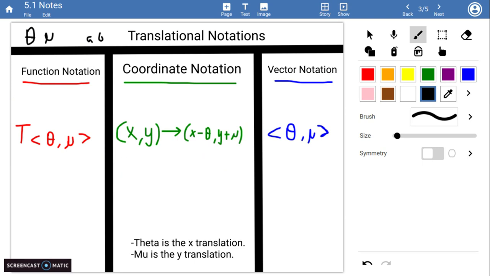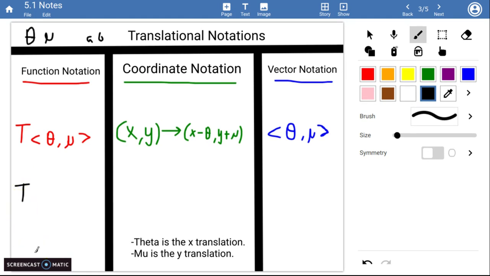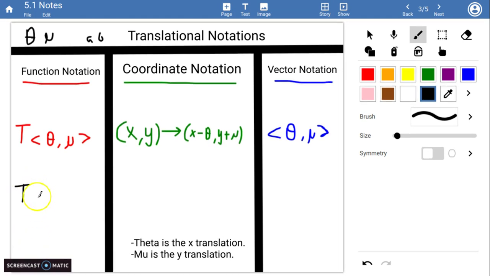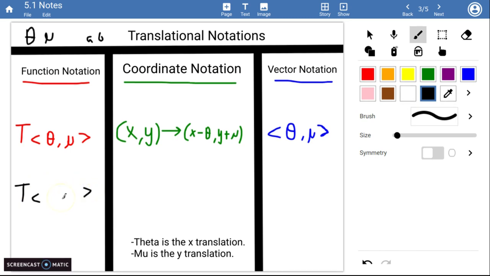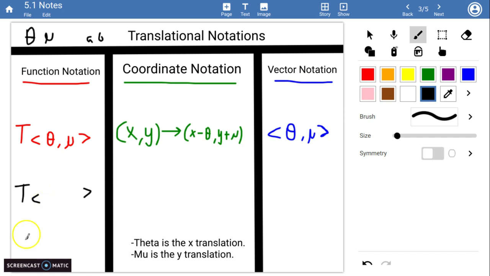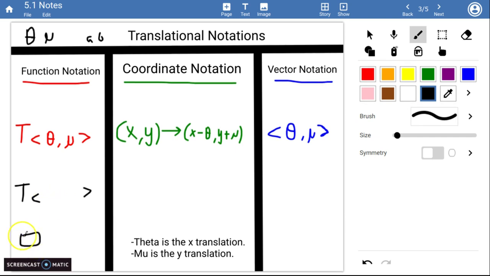So, function notation is the first kind. You have a capital T, which stands for translation, and then these 2 things called vectors. If you're trying to type that on a keyboard, it is beside the M, there are 2 keys with a period and a comma.